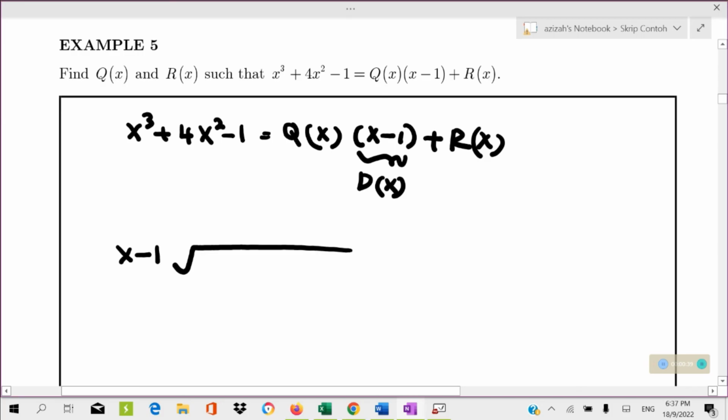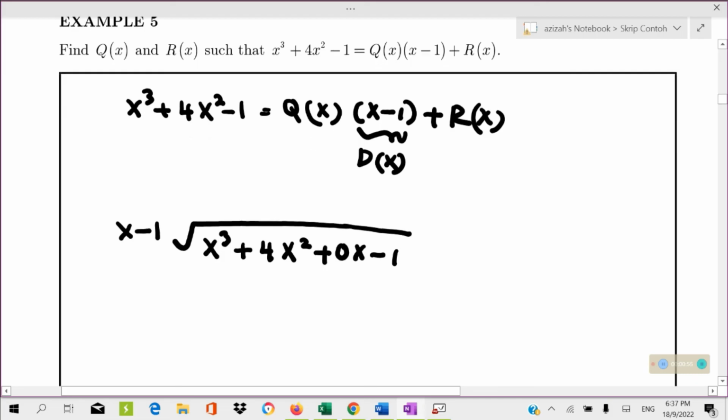We arrange P(x) in descending order, so we get x cubed plus 4x squared plus 0x minus 1. To get x cubed, we multiply x by x squared. So x times x squared, we get x cubed. And then negative 1 times x squared, we get negative x squared.